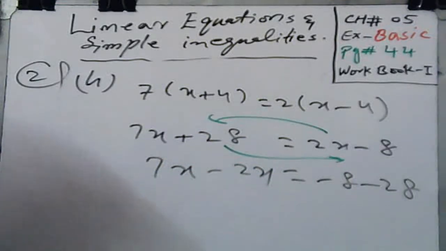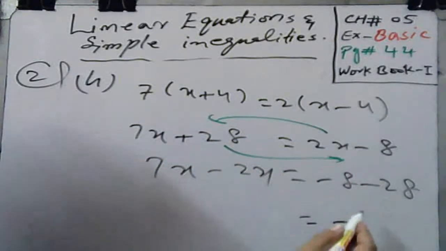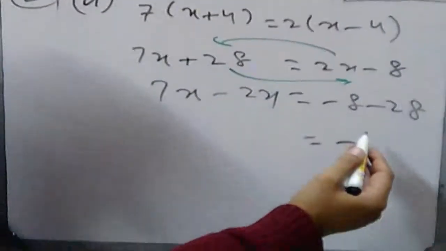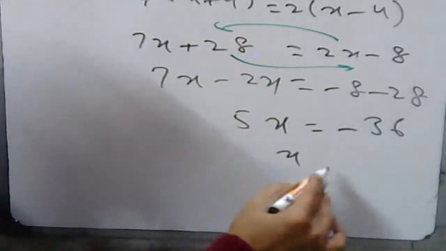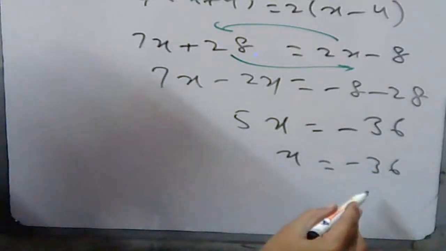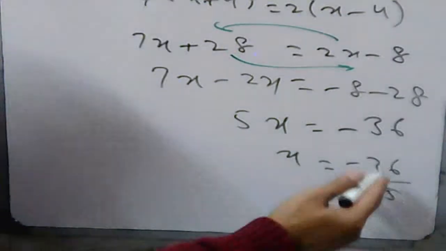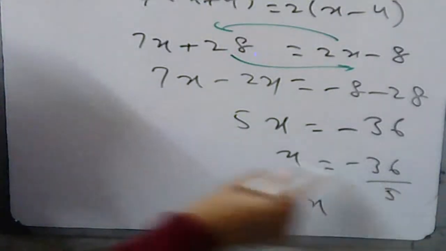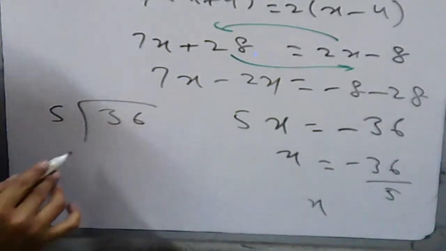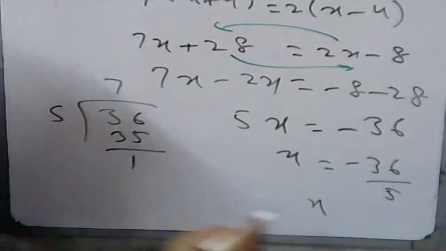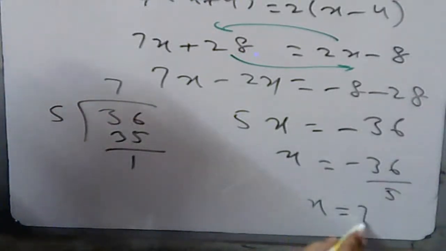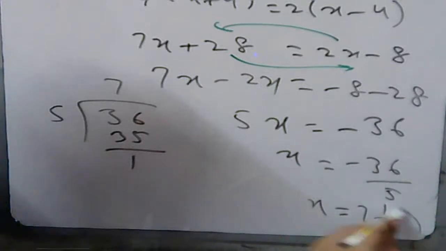So you will get 36 and 7 minus 2x, you will get 5x. So the value is minus 36 divided by 5. That is your required result in fraction form, but in whole number, 36 divided by 5. 5 6s are 30, 5 7s are 35, remainder 1. So the value of x is 7 whole 1 by 5, which is your required result.